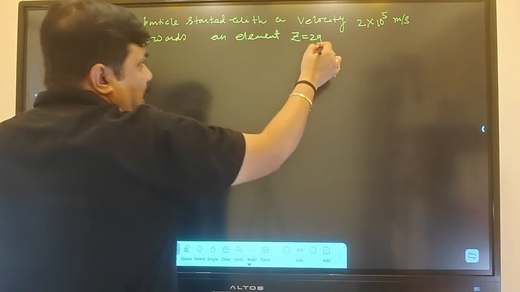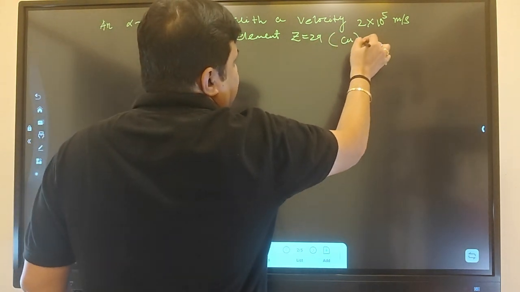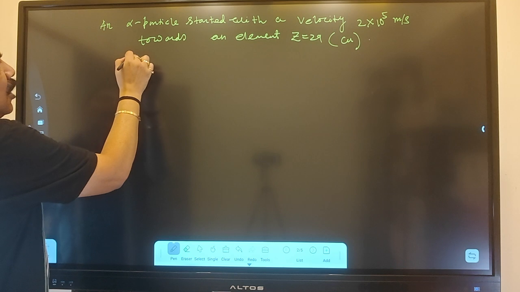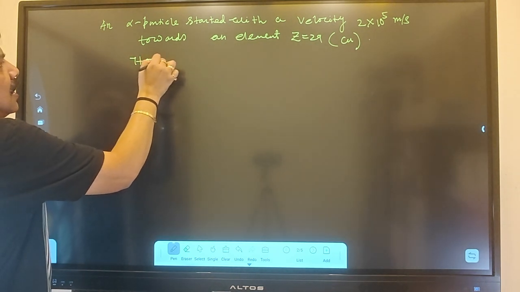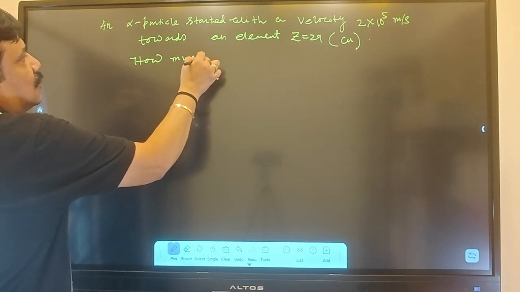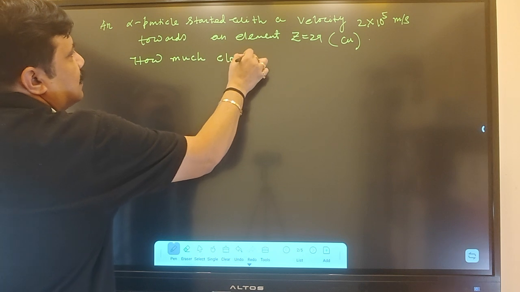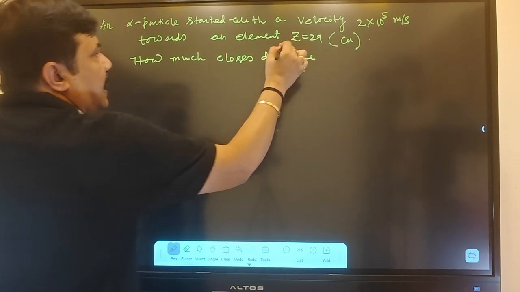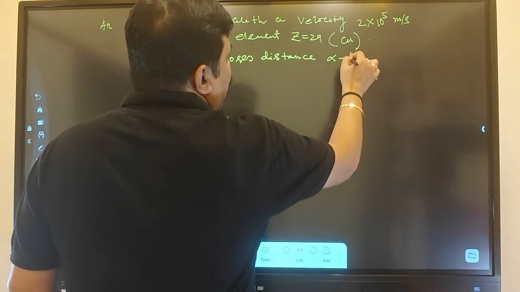That means atomic number 29. Which element? The element is copper. Then they are asking how much closest distance the alpha particle can move.